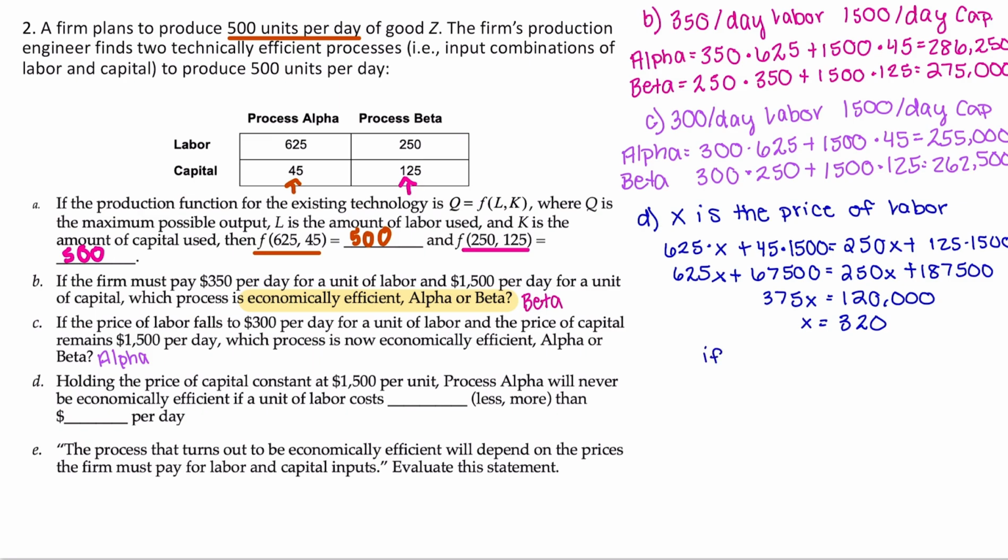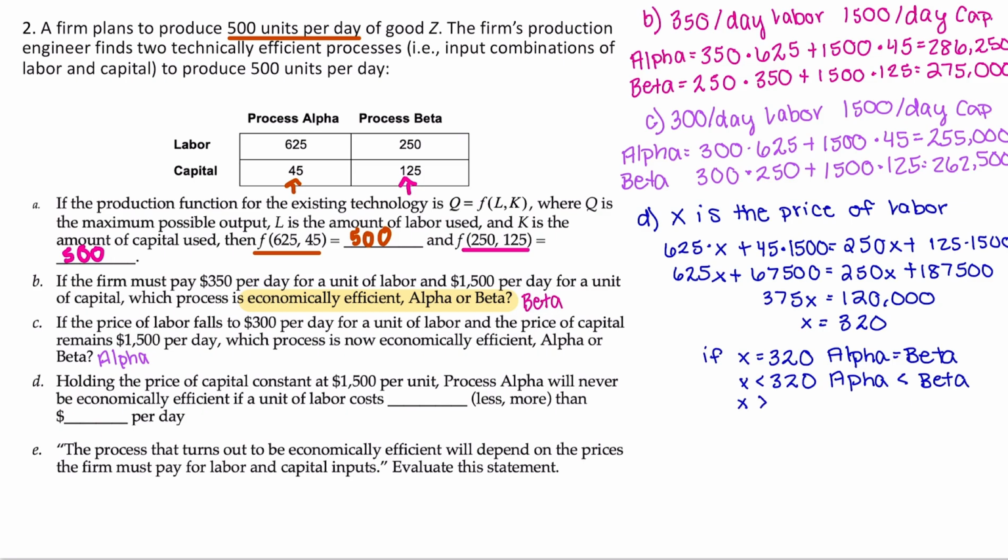So if X equals 320, then alpha equals beta. If X is less than 320, then alpha is less than beta.